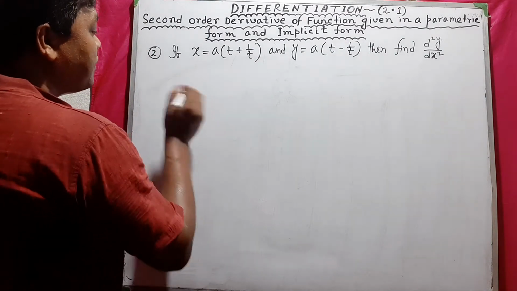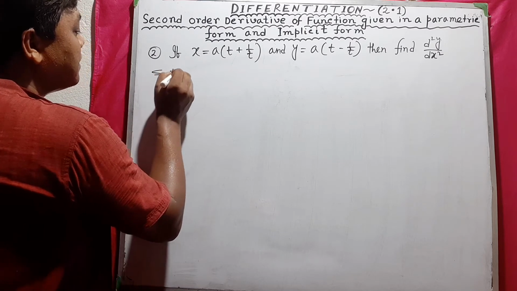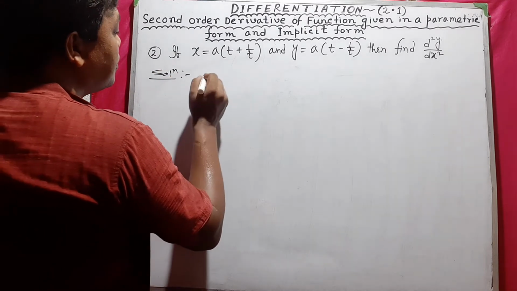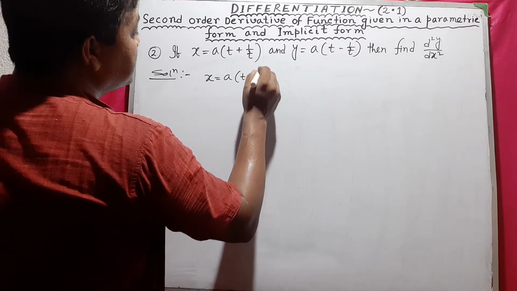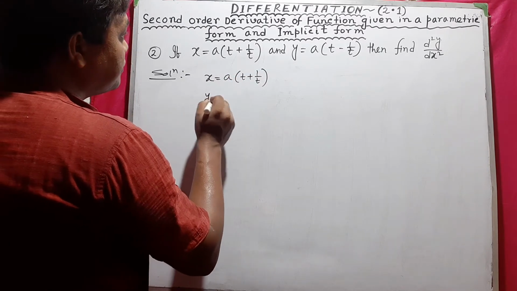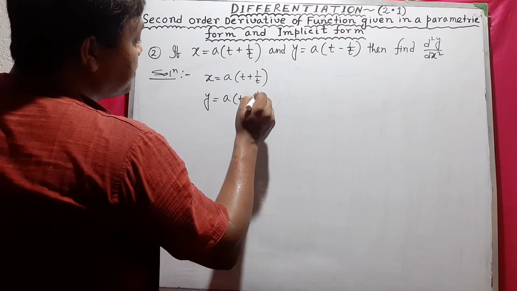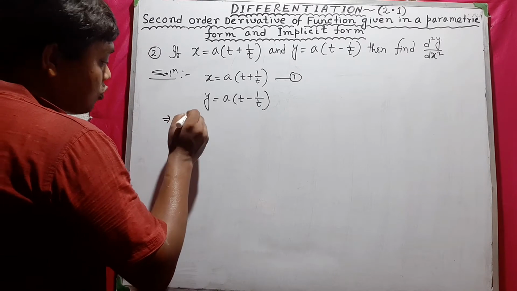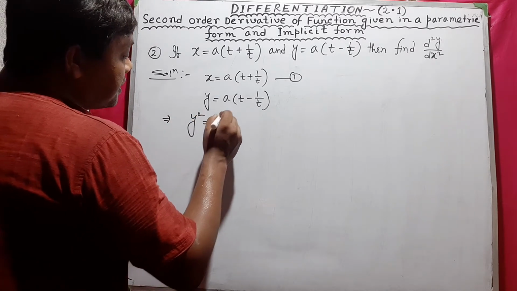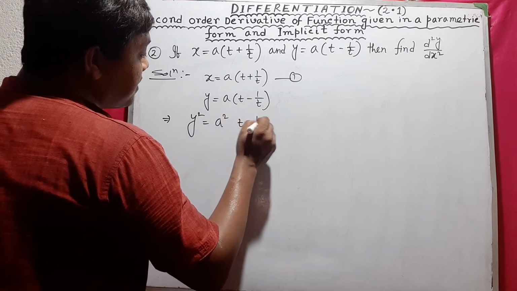So first, the solution. x is given as a into t plus 1 by t and y equals a into t minus 1 by t. This is equation number 1. So y squared equals a squared into t minus 1 by t whole squared.